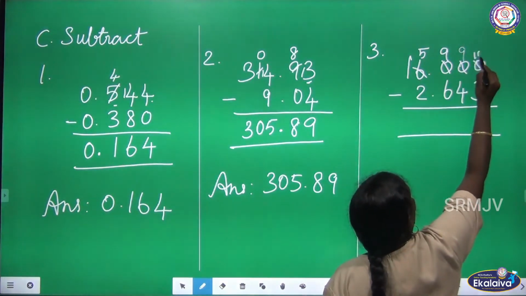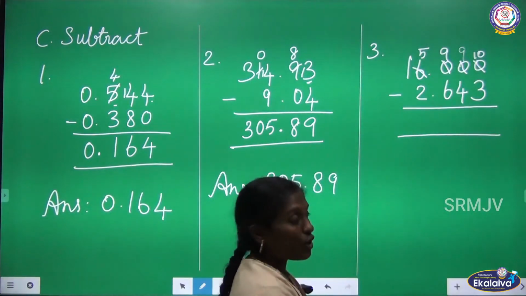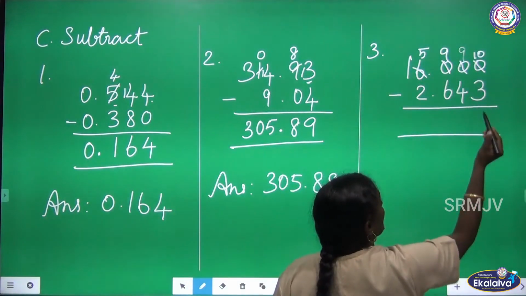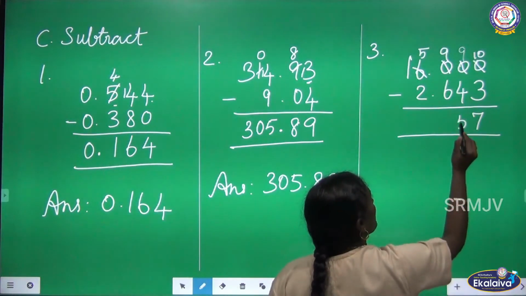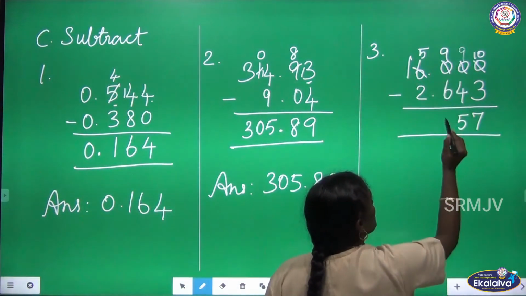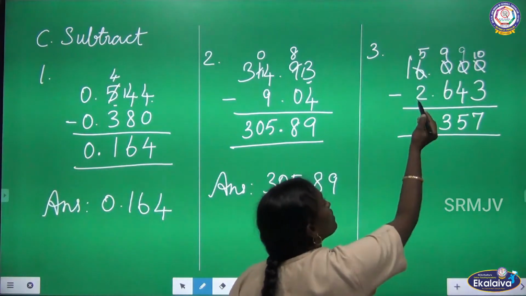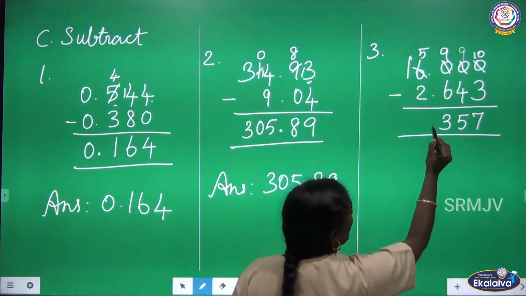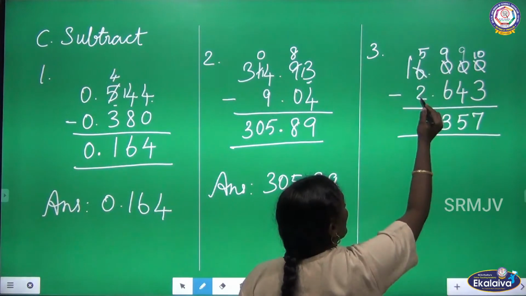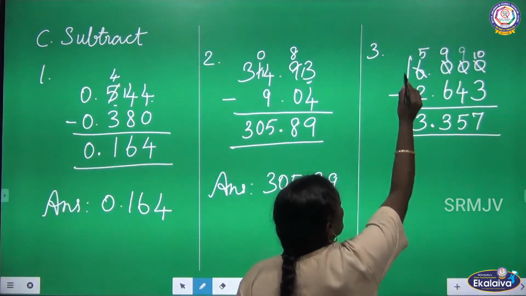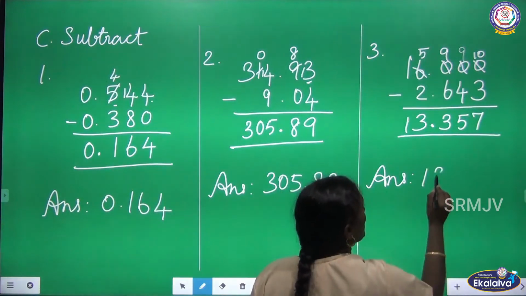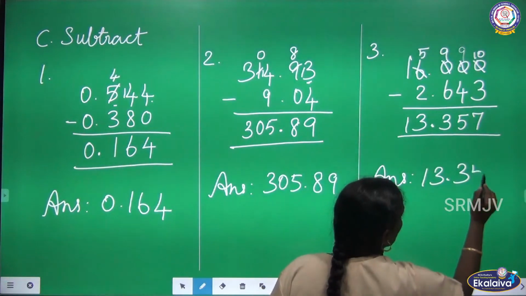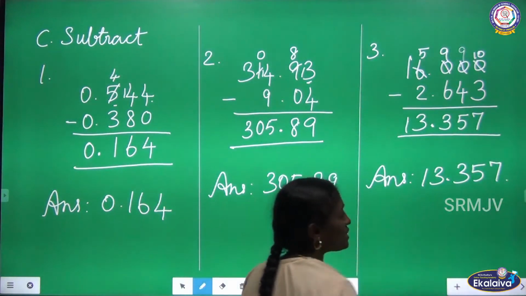This 0 will become 10. Now we have to subtract. 10 minus 3, that is 7. 9 minus 4, that is 5. 9 minus 6, 3. Before subtracting the whole number part, we have to keep the decimal point. 5 minus 2, 3. Here 1. So the answer is 13.357. Was it clear?